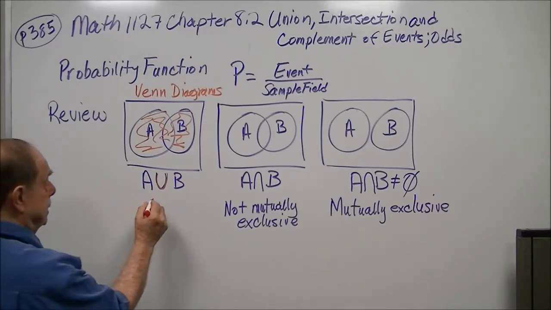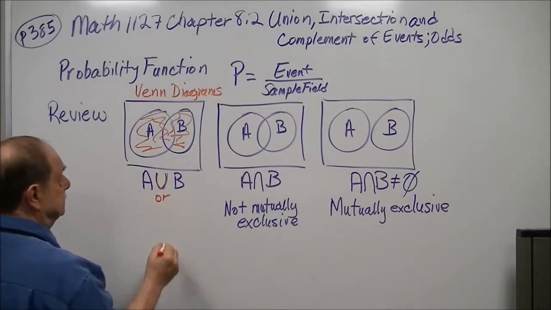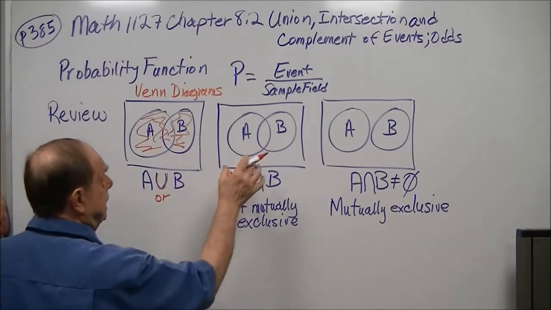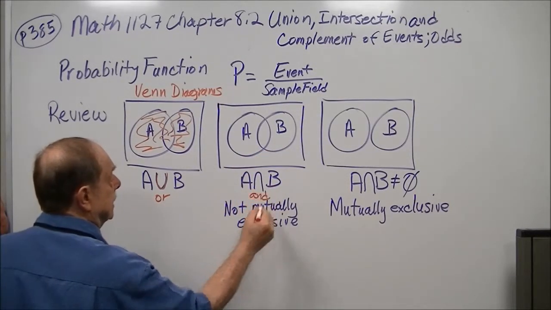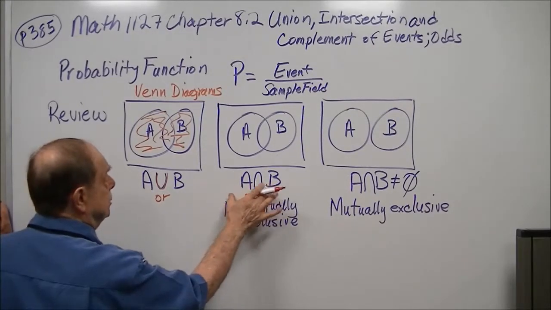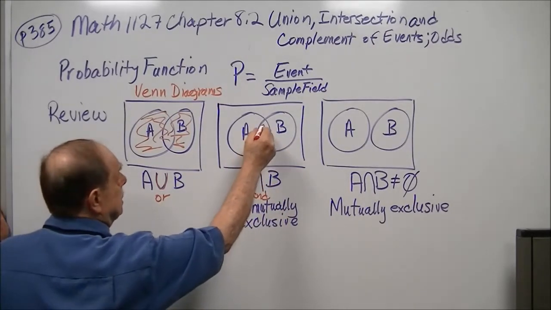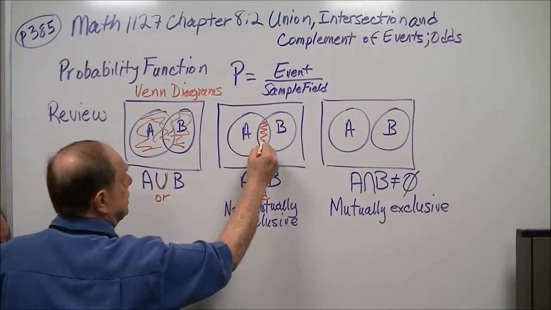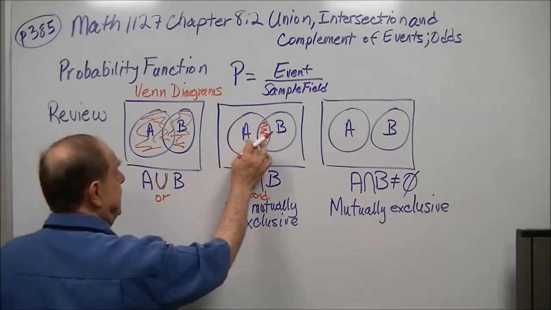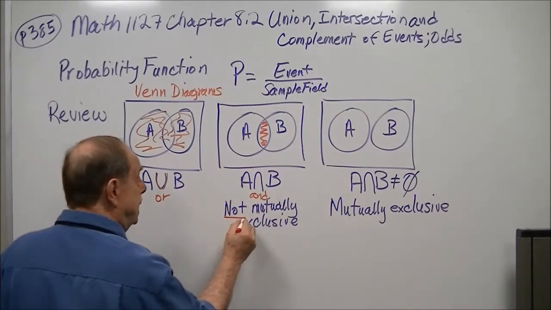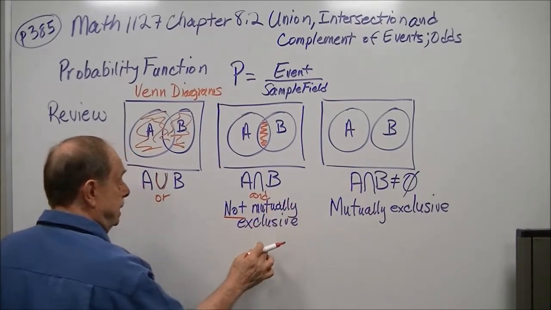And the key word here, again, is "or." In an intersection, which is an "and," the only part we shade or show intersection is where the two overlap. And we would say that set A and set B are not mutually exclusive.